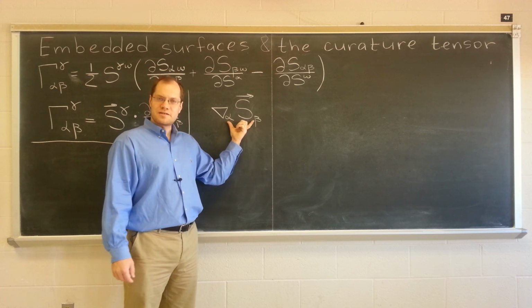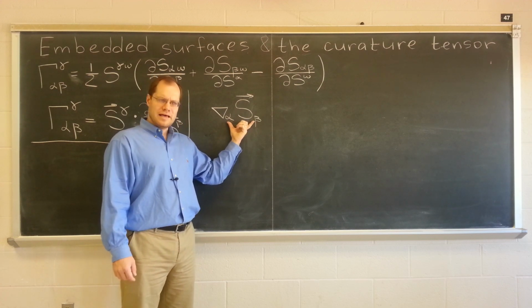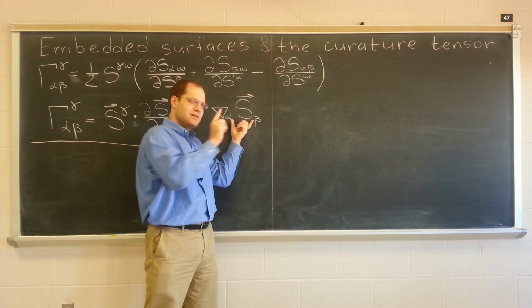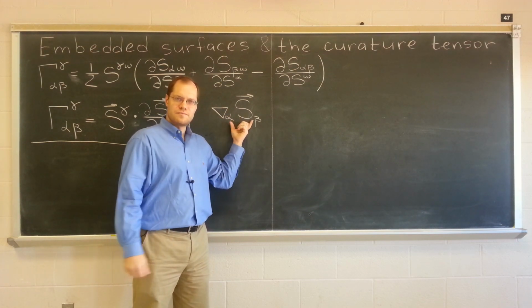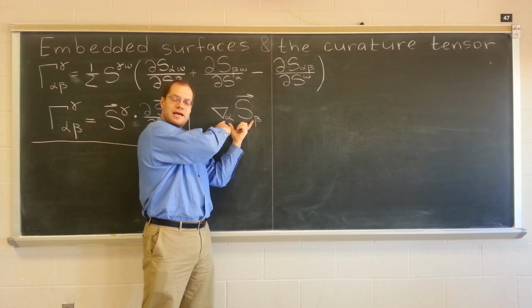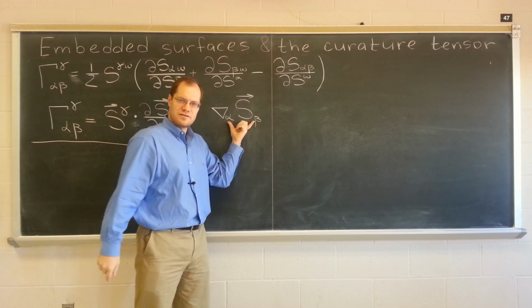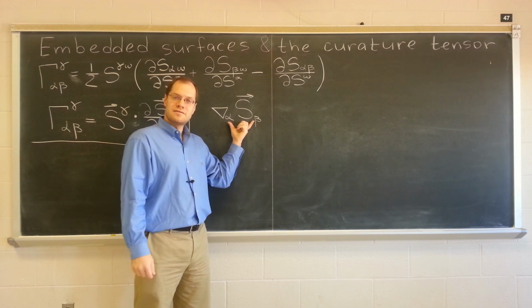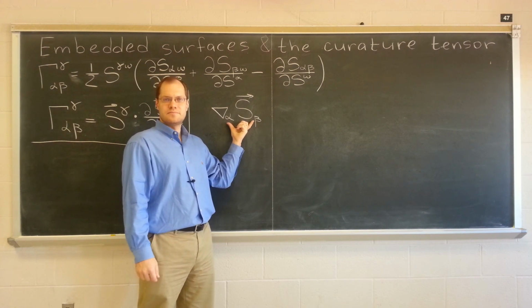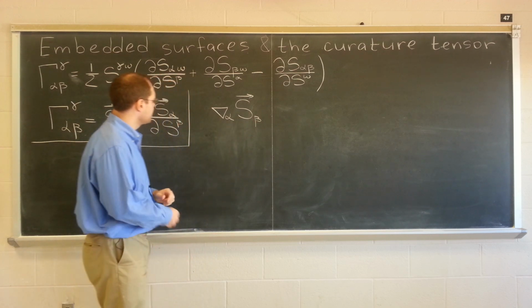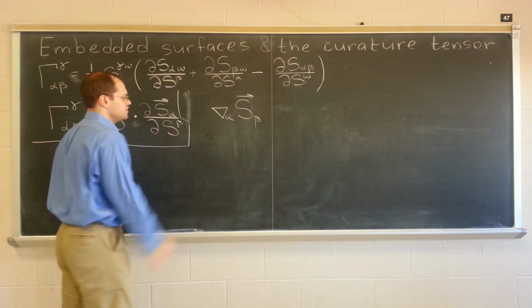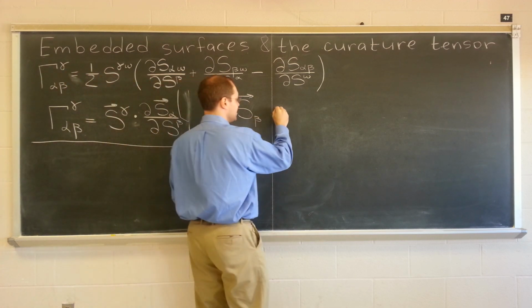But here we have 4 vectors. And we should have some doubt as to whether or not this would be 0, because after all, these guys do curve. And because this is designed to capture the rate of change of this vector, because they do curve, maybe we won't quite get 0. I realize now I should have left a little bit more space here. You'll see in a moment why. So let's write down this definition.